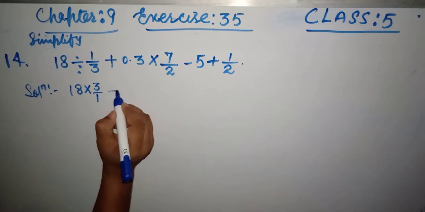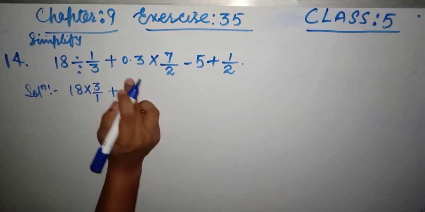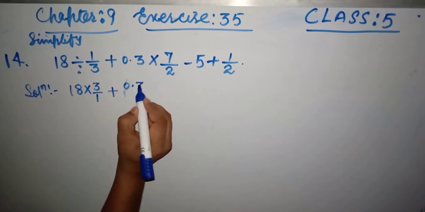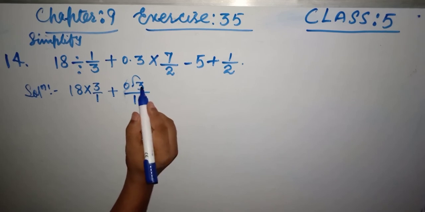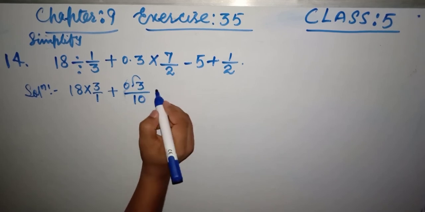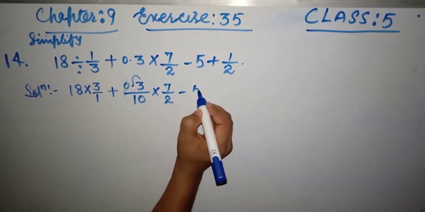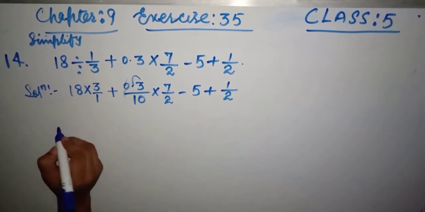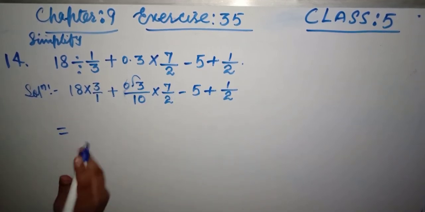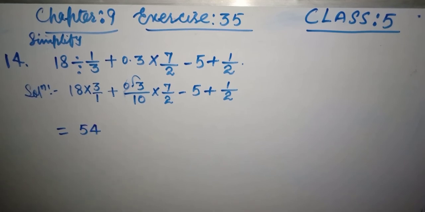So this is plus, so this could be written as 3. Remove the decimal here, friends, 0.3. Now we remove the decimal and write 10 in the denominator because there is 1 digit after the decimal, and multiply by 7 by 2 as it is. Okay, now this is minus 5 as it is plus 1 by 2. Now see, friends, this is 8 times 3, which is 24.